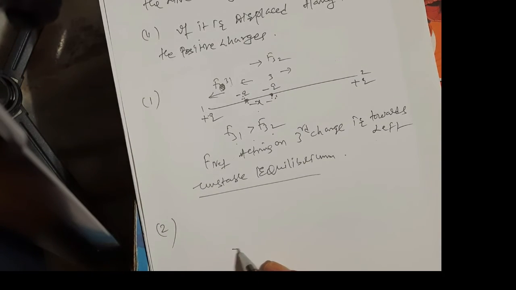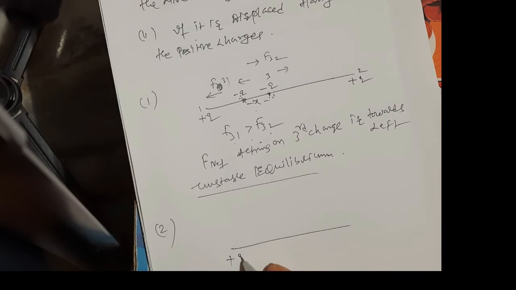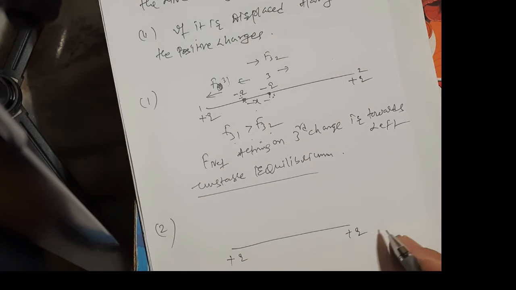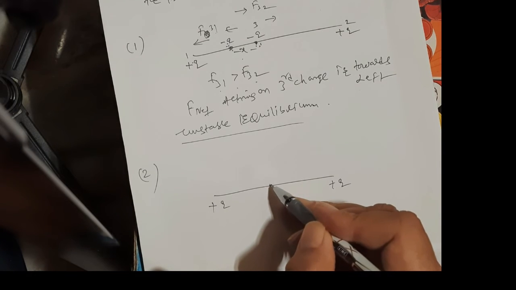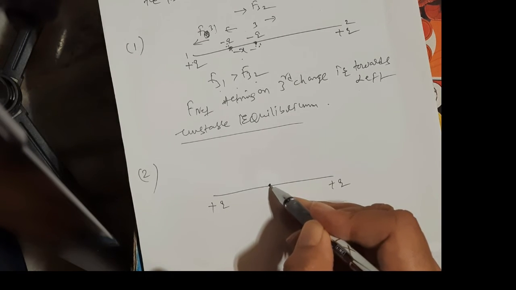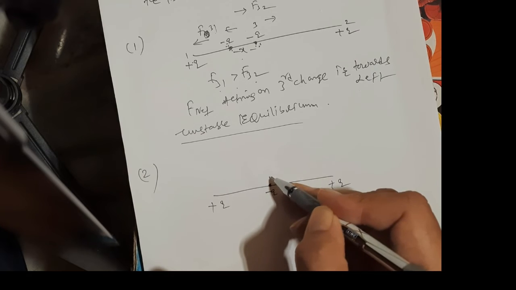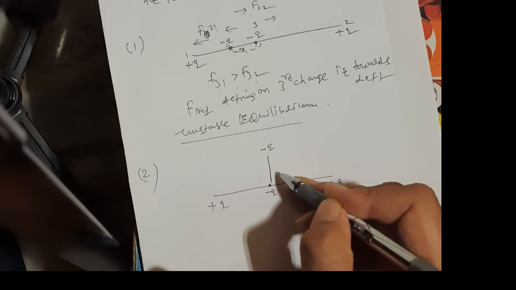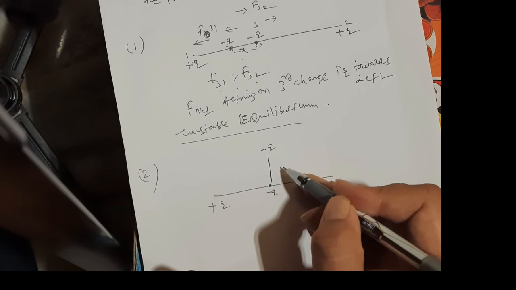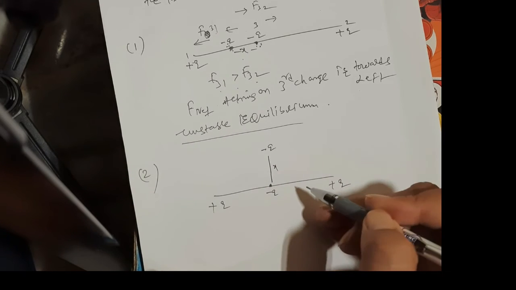For example, this is a positive charge and this is also a positive charge. Initially the charge is here, and it is displaced somewhere here through a certain displacement x.